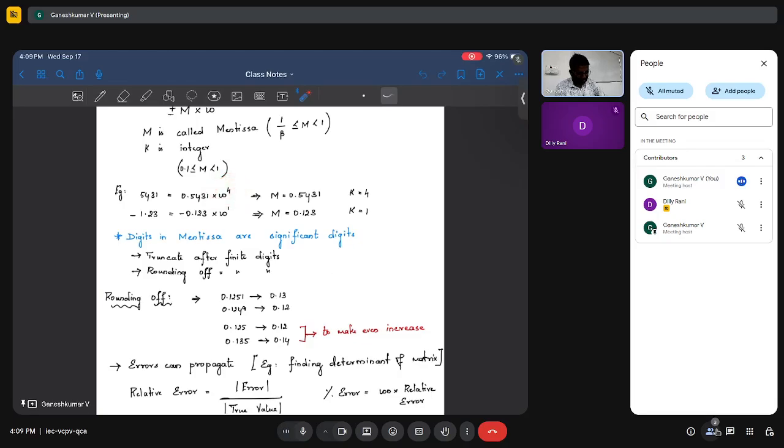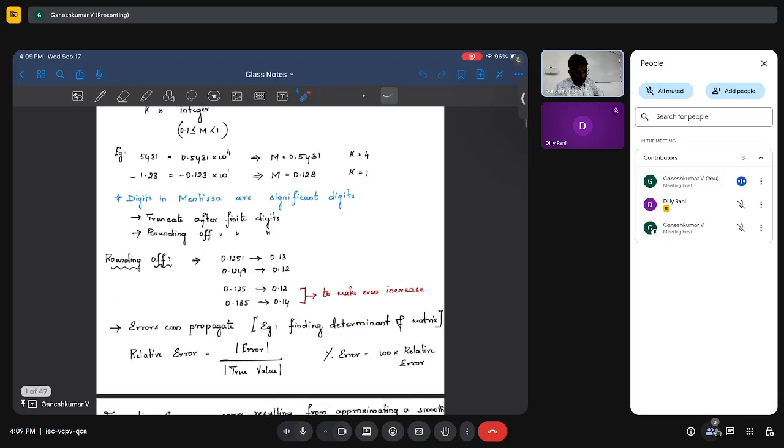Okay, if it is negative, again the sign is stored separately, and the mantissa is again going to be 0.123, and you can write it as 0.123 times 10 power 1. So the digits in the mantissa are what we call significant digits. We all studied significant digits, but in a slightly different way in high school.